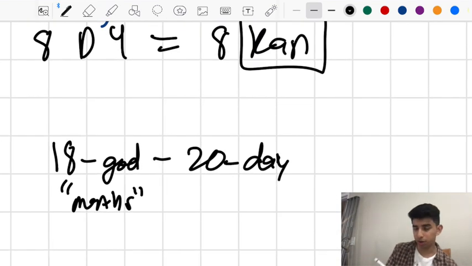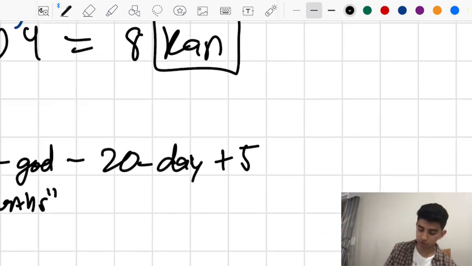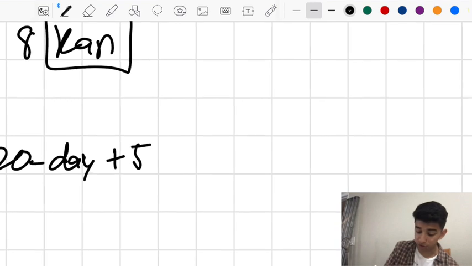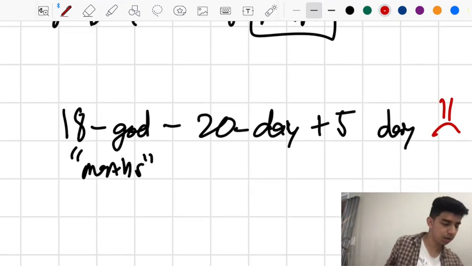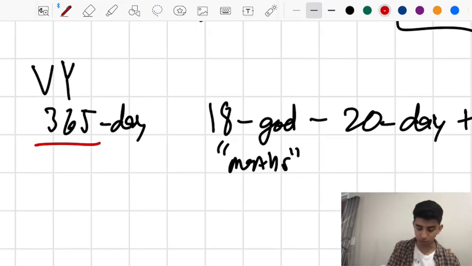So this comes out to 360, and so they also added 5 residual days, which to them was a very dangerous time where spirits were all over the place. So again, this worked exactly like our 365-day calendar.